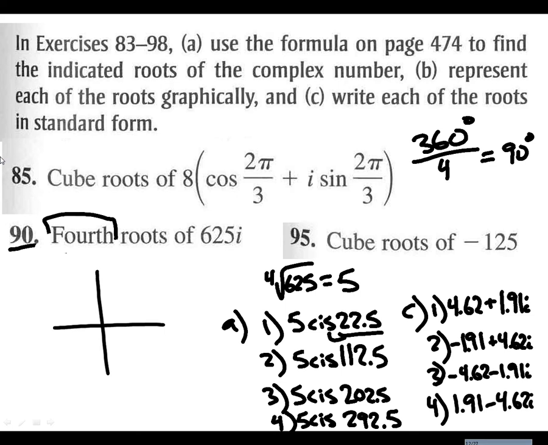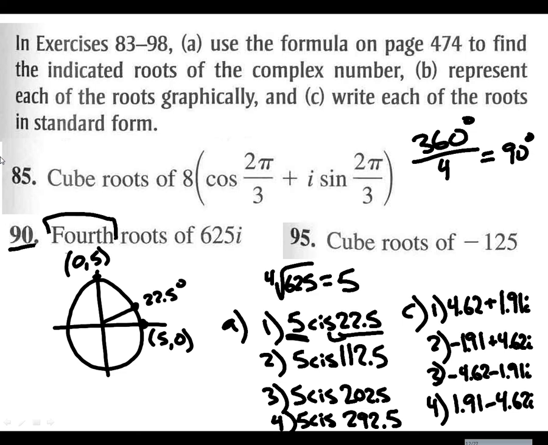Now graphically, what does this look like? Well, we're going to start with our coordinate plane. And what we've got here is we've got a circle with a radius of 5. So this would be 5 comma 0. Up here would be 0 comma 5. Because that's the radius of 5. We're going to go out at 22.5 degrees.